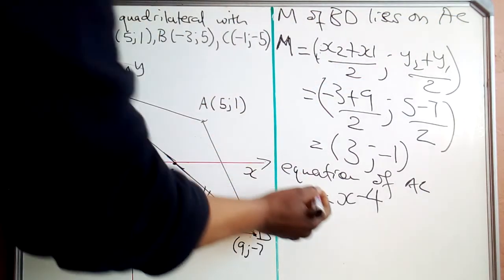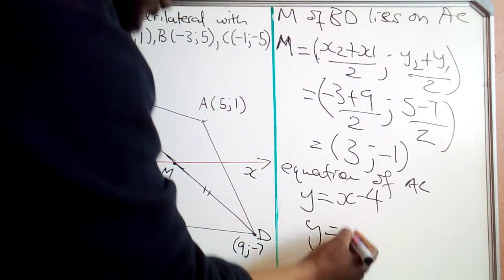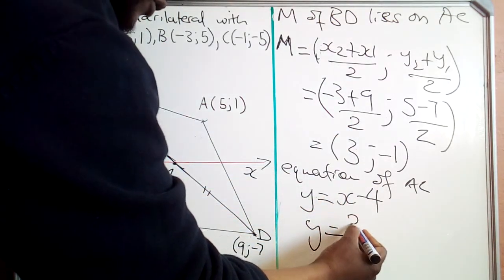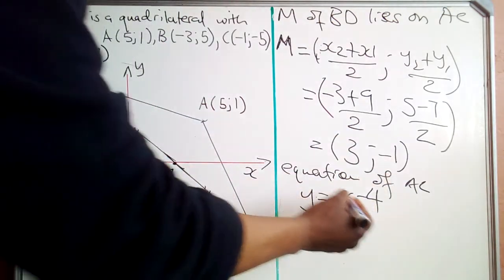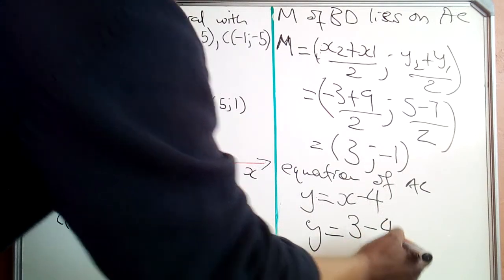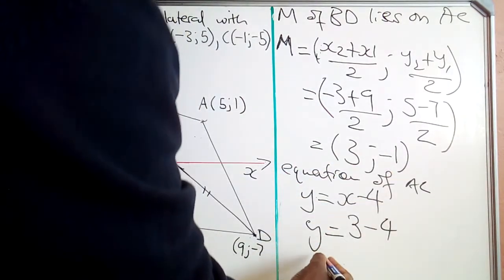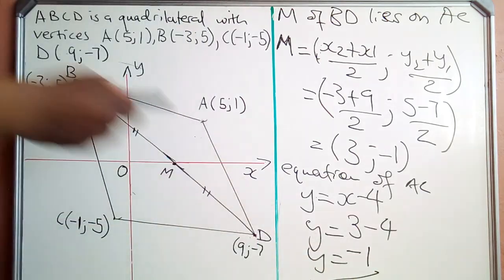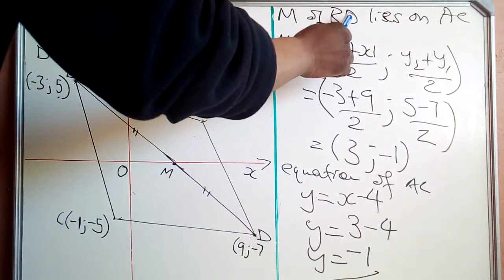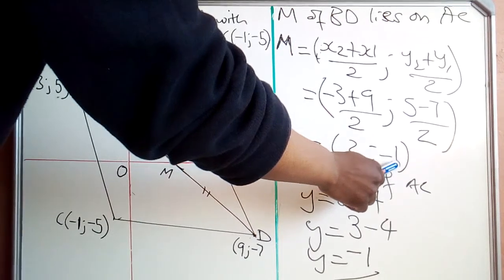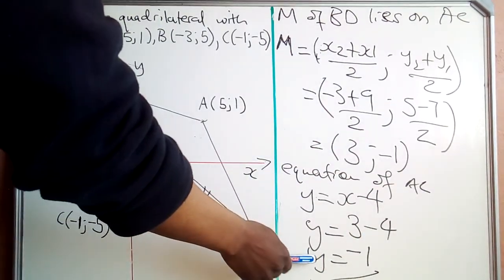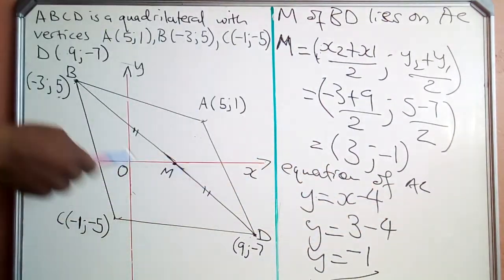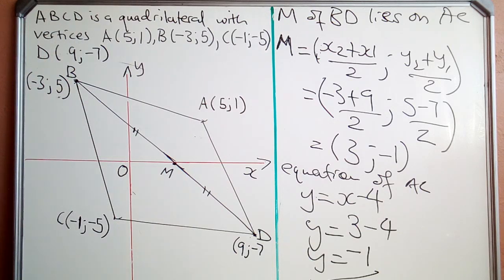So y is equal to, substitute the value of x, which is 3, then minus 4. We know that 3 minus 4 is minus 1, so y is equal to minus 1. You see, y is equal to minus 1 at the midpoint of BD, and y is equal to minus 1 when you substitute into the equation of AC.